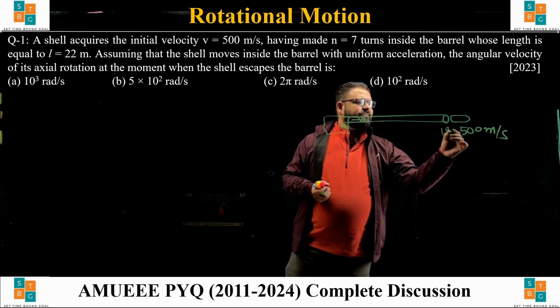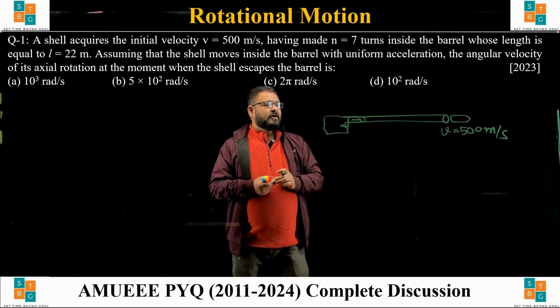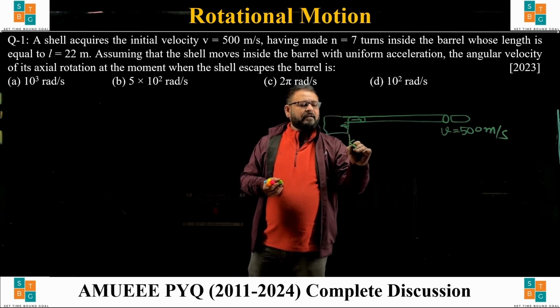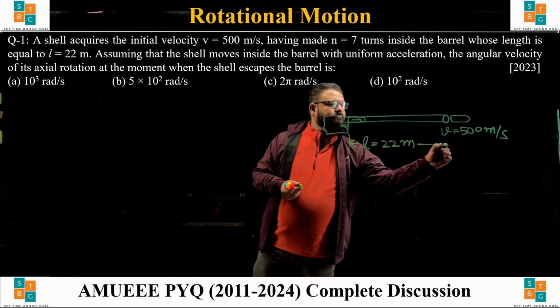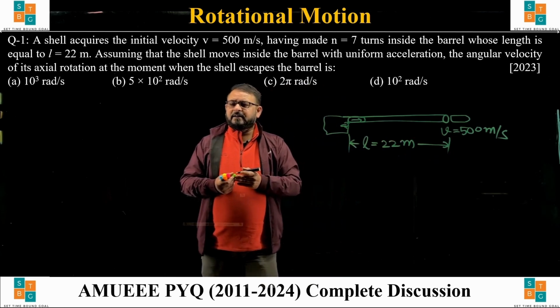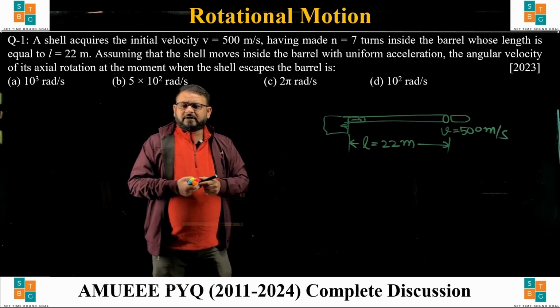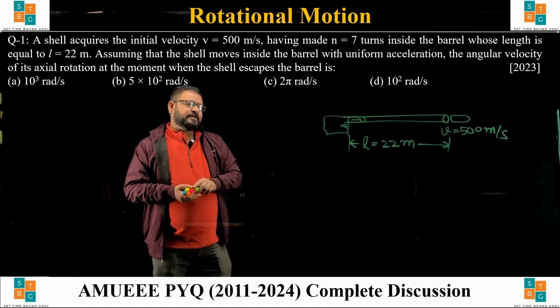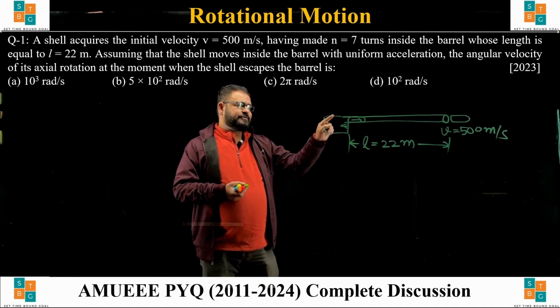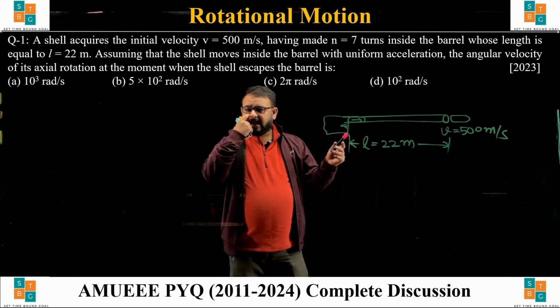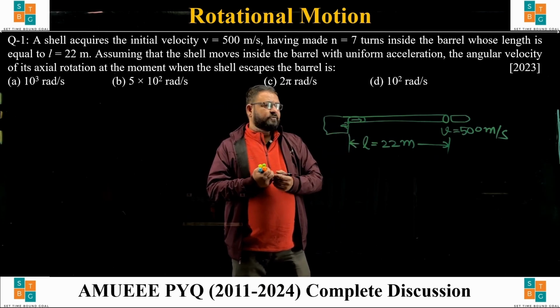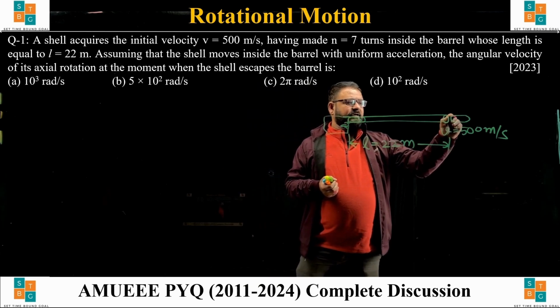Let us say this is V. Now we are given the length of the barrel, right? And we have also been given that it makes 7 turns, and it comes out with an angular velocity. Now that velocity is being asked.